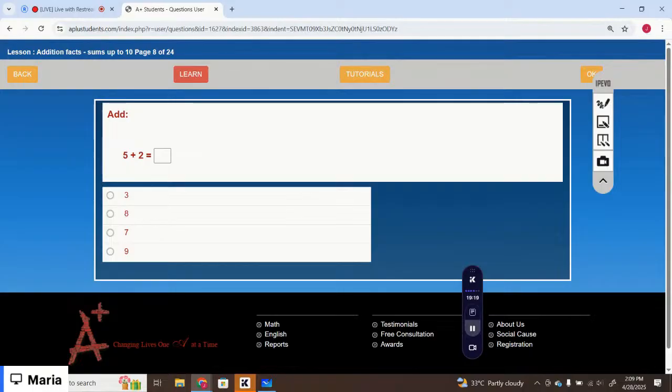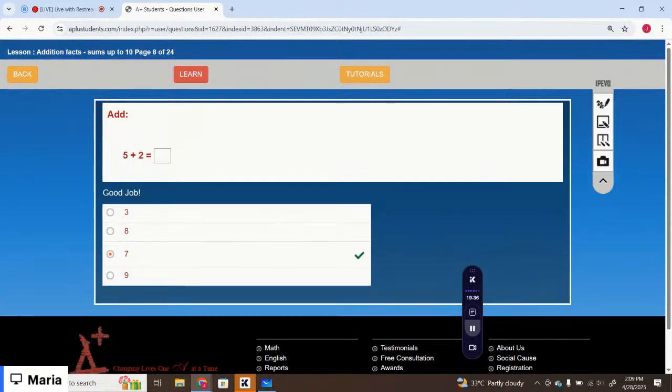Five plus two equals, that is 5, 6, 7. Option number 3 is the correct option. 7 it is.